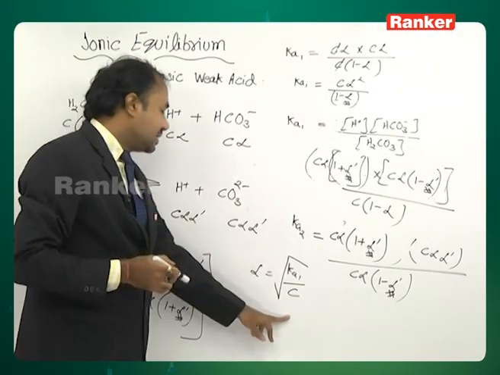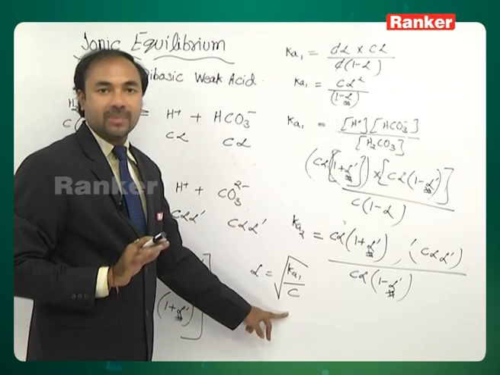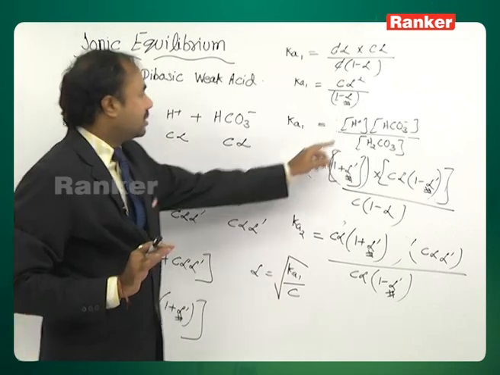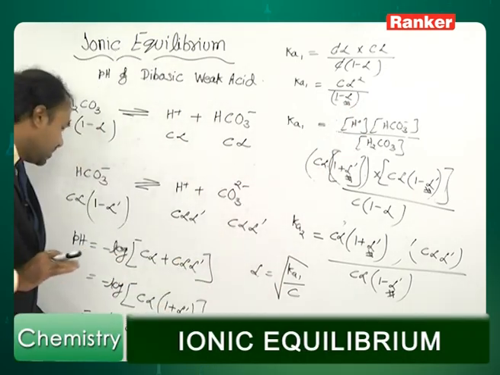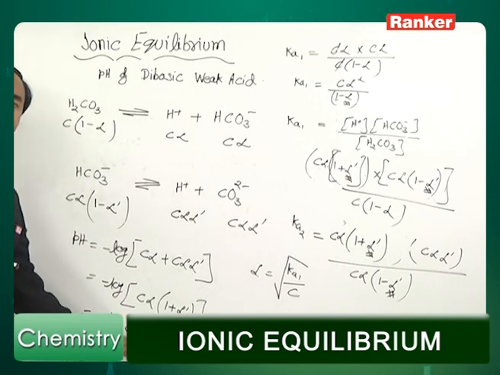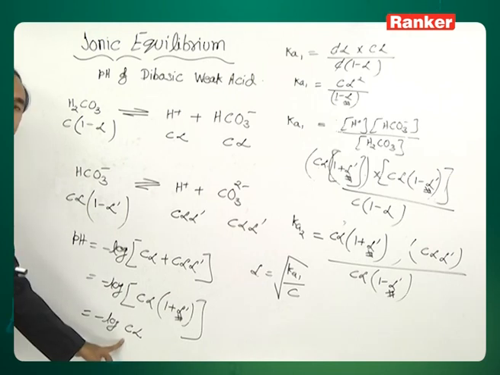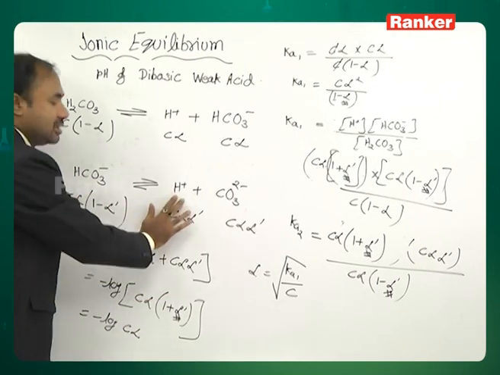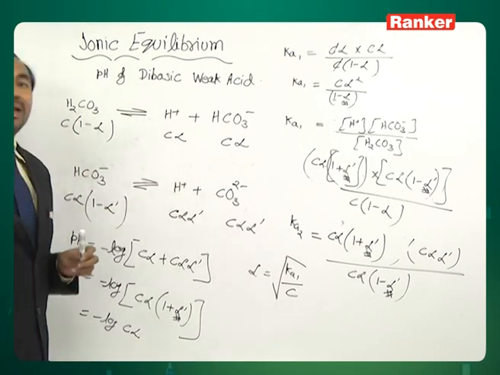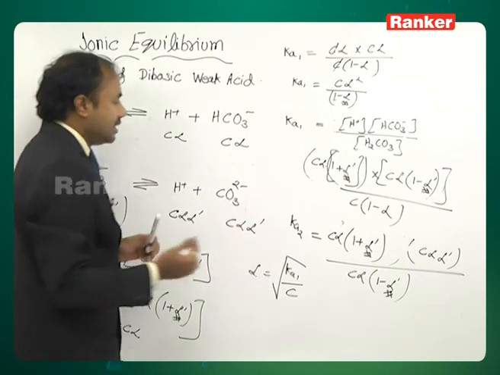Right? Exactly the same thing. If the value of alpha is coming out here less than 0.1, happily ignore that. You get the value of alpha here. Multiply this alpha with C, you get C alpha, which is the first H plus ion concentration, take minus log of this, you get pH. Because anyhow, the second dissociation is not going to yield any significant number of H plus ions.